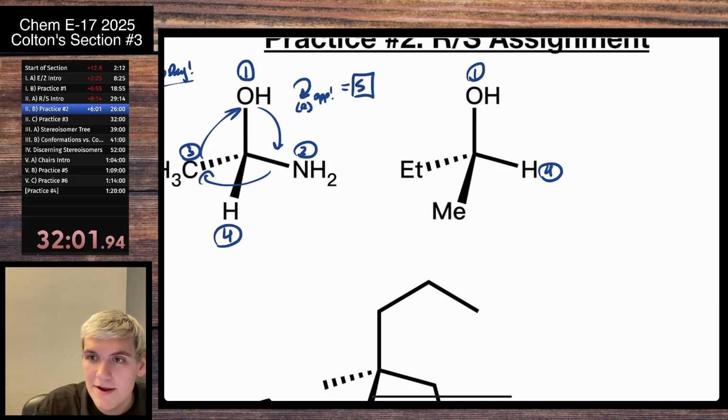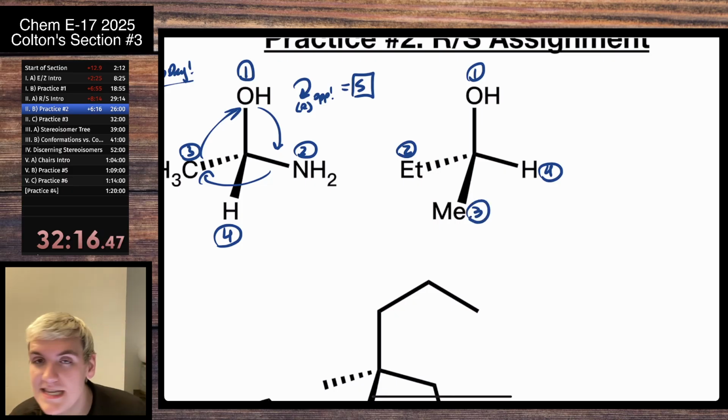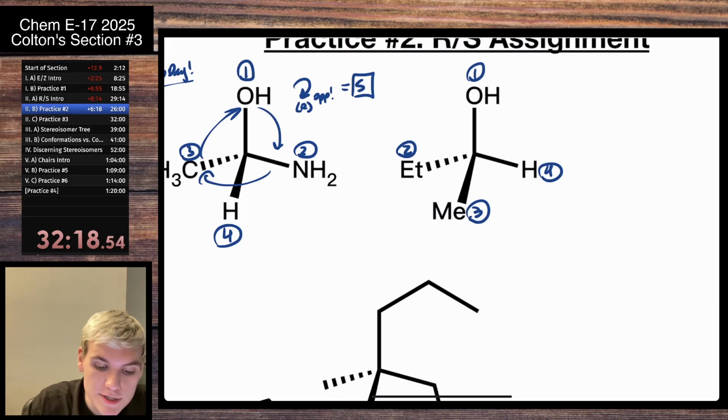And then ethyl and methyl. So this is where you can start taking shortcuts if you are careful. I know that this is a bigger and more complex ethyl than methyl. And so it should be that the next highest priority 2 is ethyl and 3 is the methyl. But we can totally do this out beat by beat. Like we could do, this is CH2 with a CH3, and this is CH3.